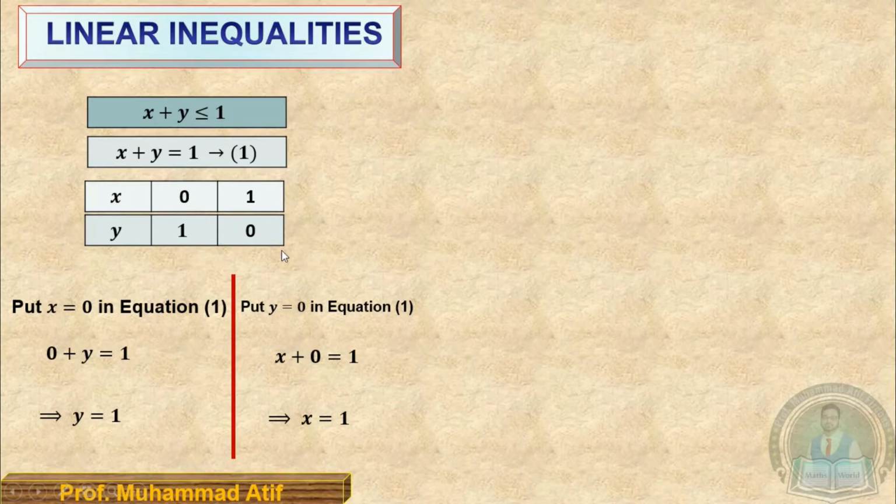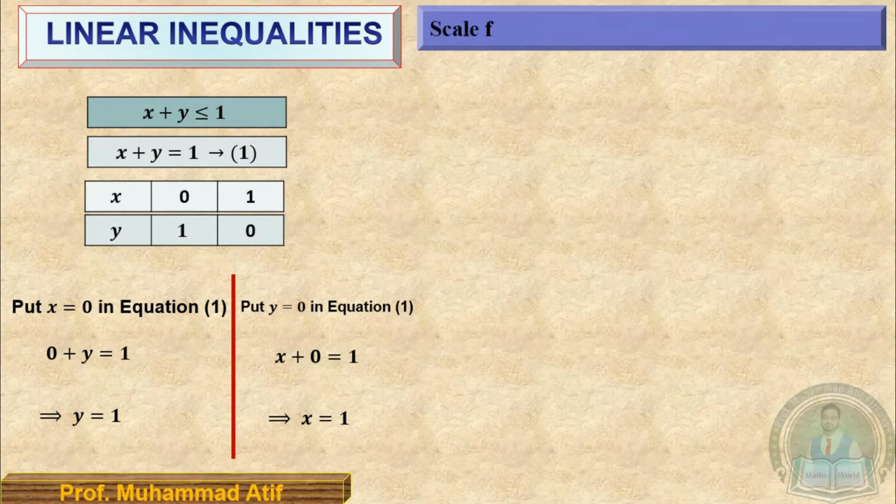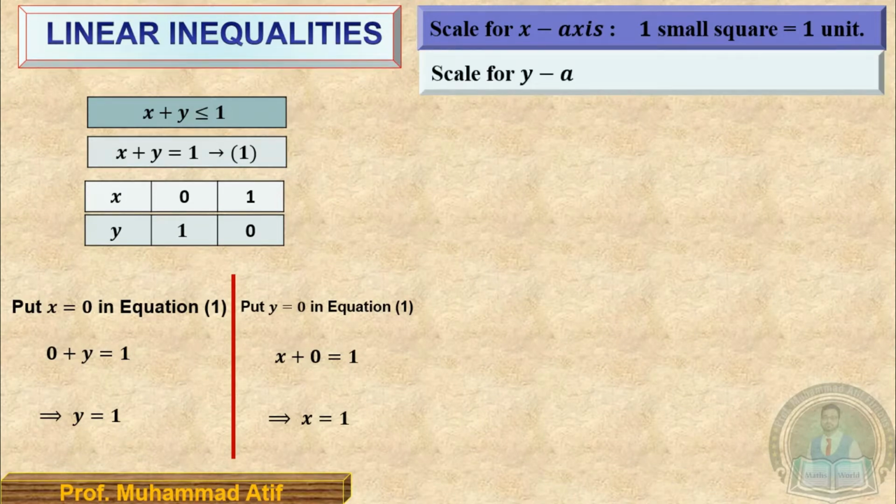You just have to complete this small tiny table in order to make your line. Then a very important point when we are drawing a graph is scale. On the x-axis in this question, one small square is equal to 1 unit, and on the y-axis, suppose one small square is equal to 1 unit.